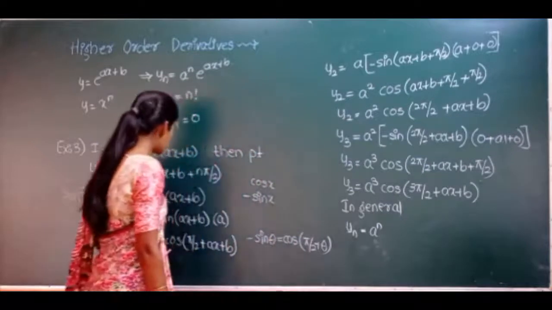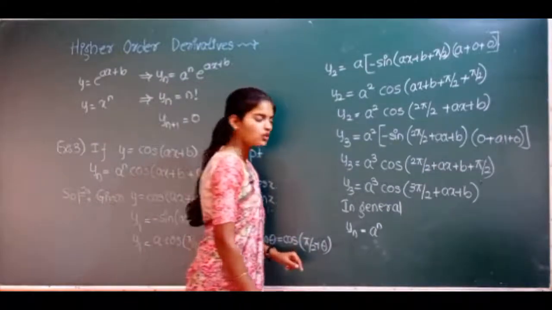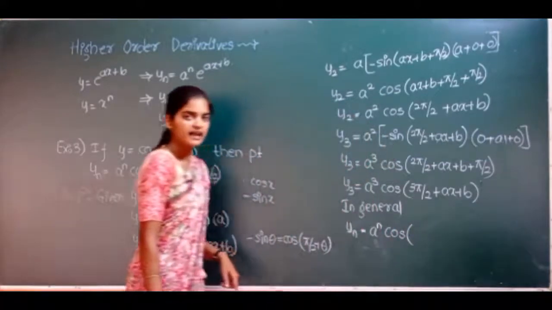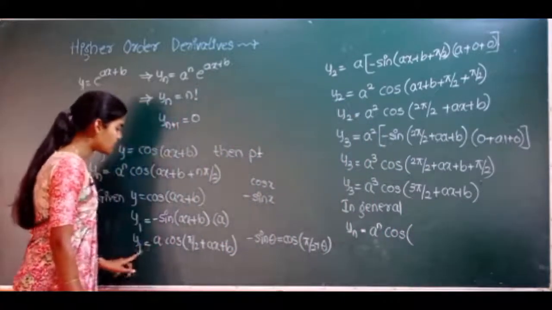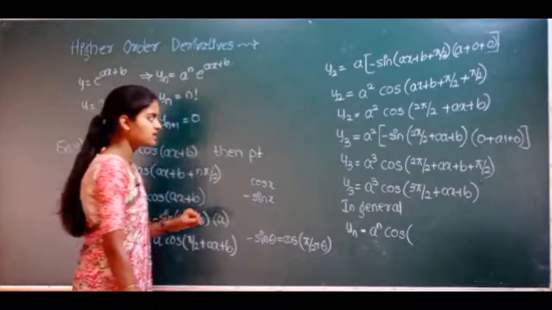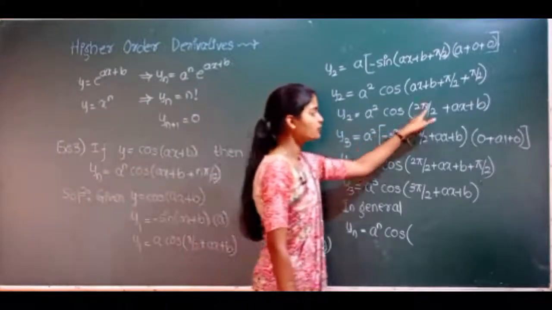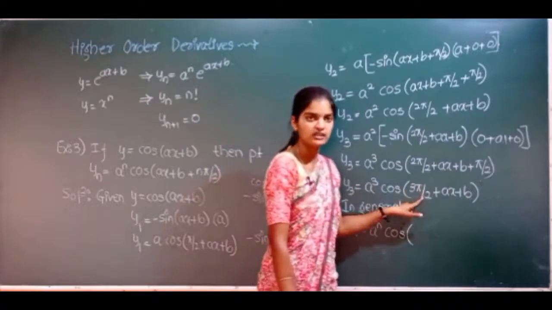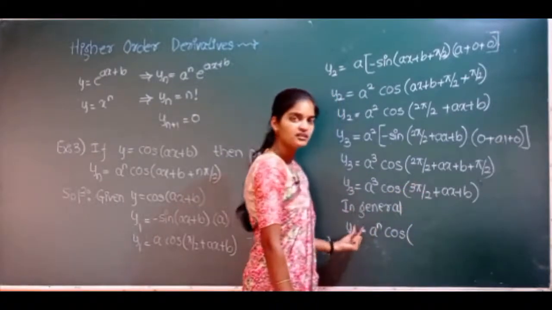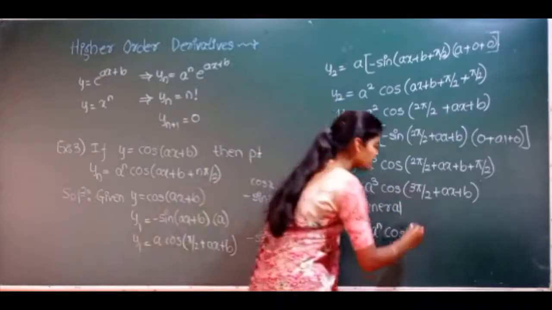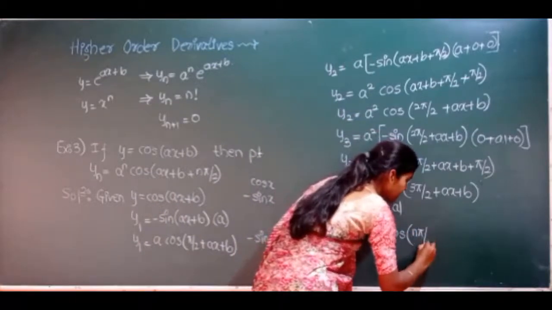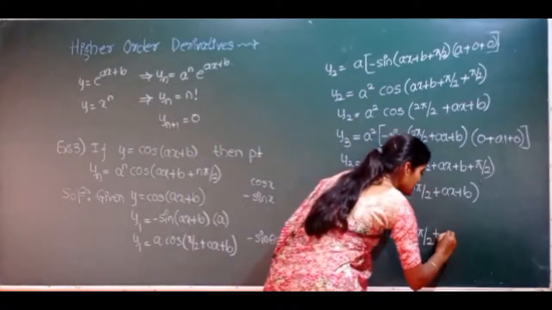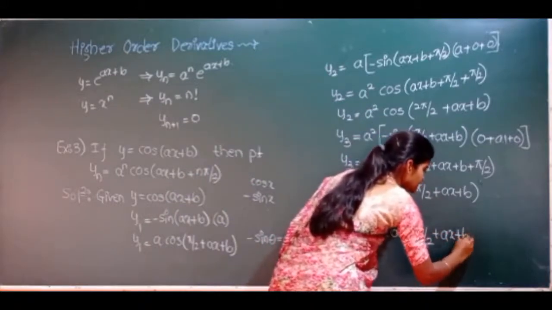Again in y1, y2 and y3 cos itself is there, therefore I will write cos. Now compare the angle: for y1 1 pi/2 is there, for y2 2 pi/2 are there, and for y3 3 pi/2 are there. Therefore for the nth term we will get n times pi/2 plus this angle ax + b as it is.